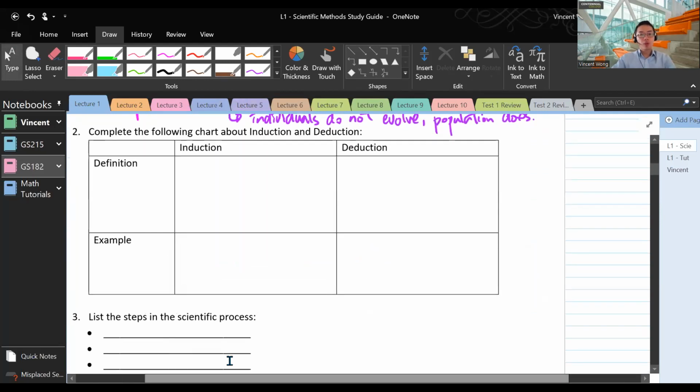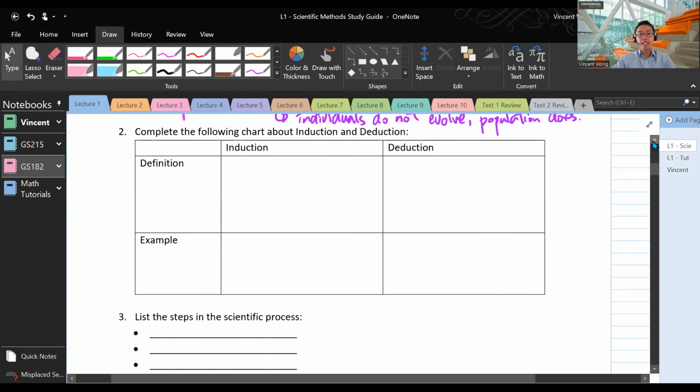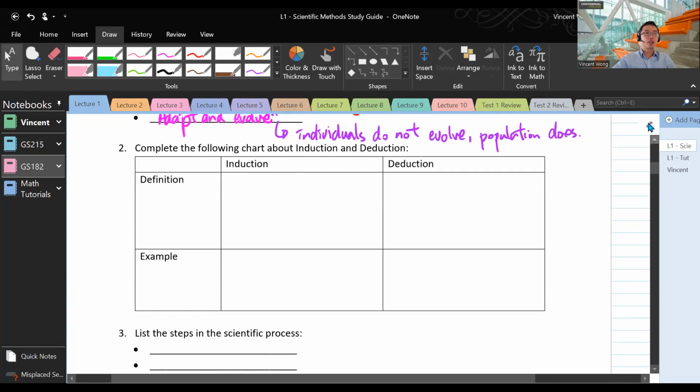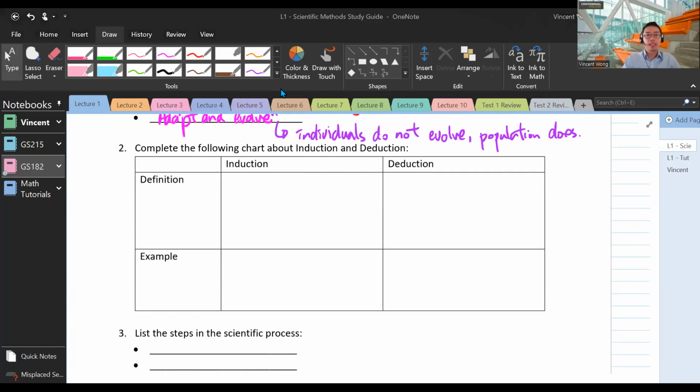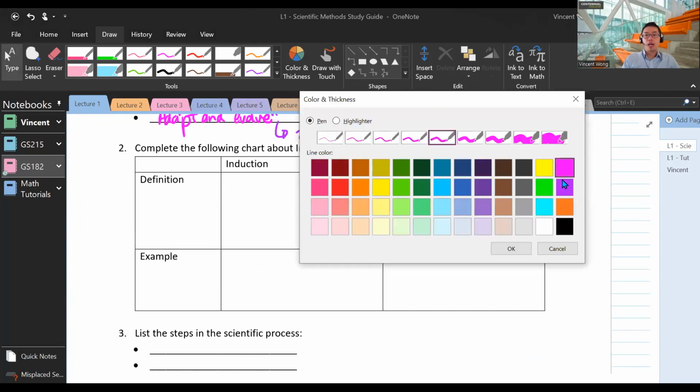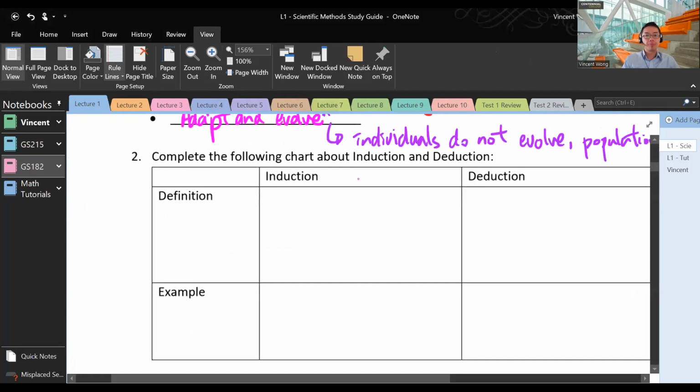Then in the lecture, we talk about this concept of induction and deduction. So let's write down the definition for each one of these first, and then we will give some specific examples.